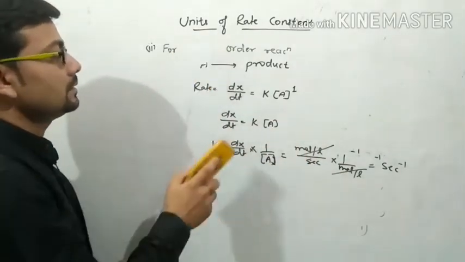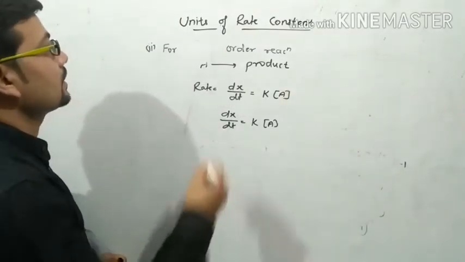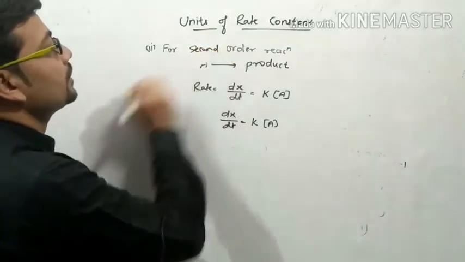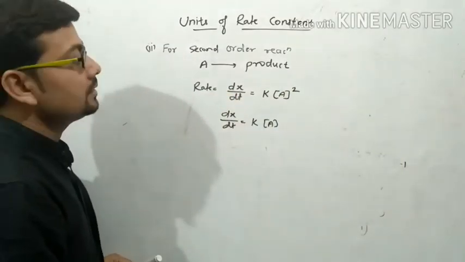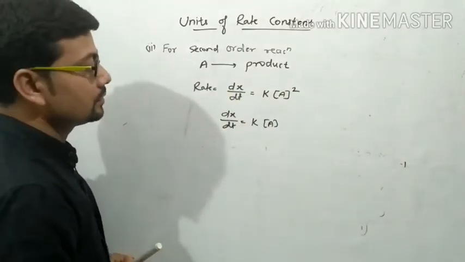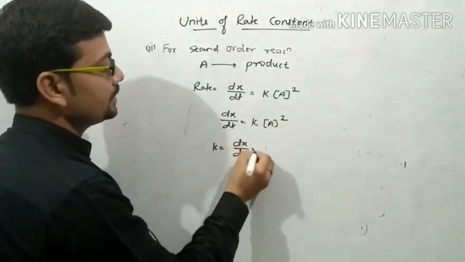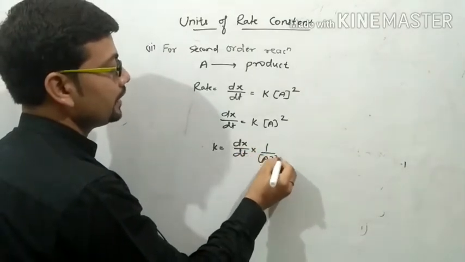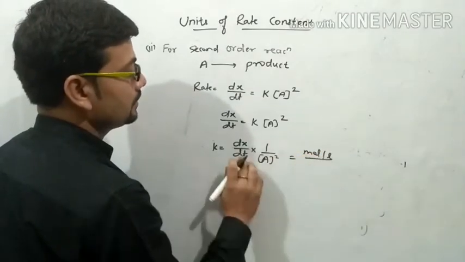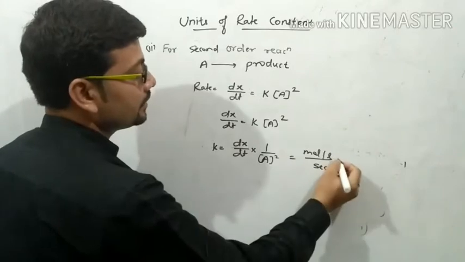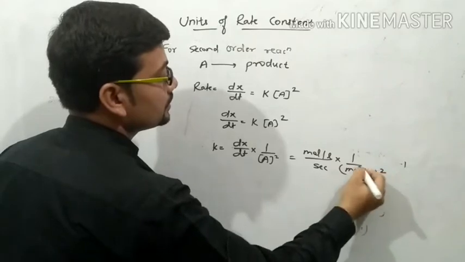Now for second order reaction, the concentration term of A has power 2. So k is equal to dx by dt into 1 upon A square. So dx is taken in mole per liter and time in second, into 1 upon mole per liter square.